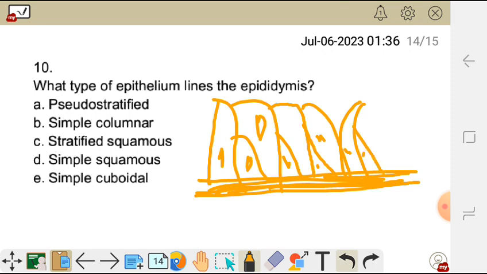So that is how the pseudostratified epithelium looks like. Simple columnar, they look like triangle shapes.